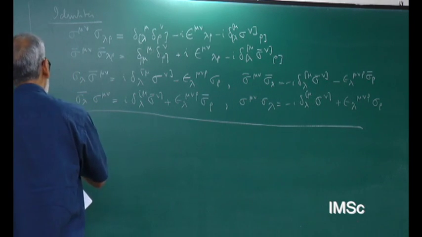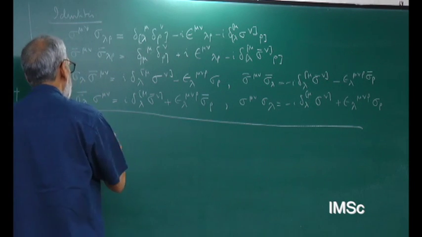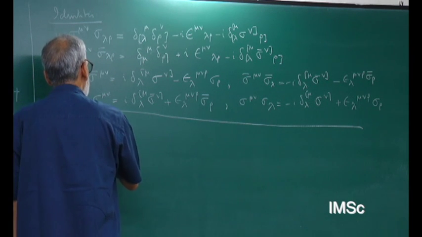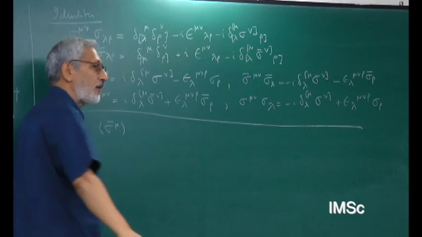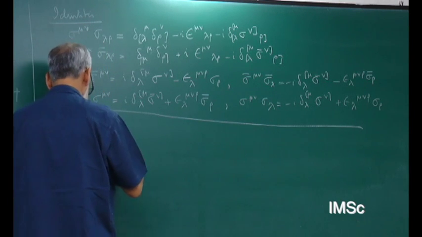So this is an exercise. You can convert barred sigmas into unbarred by the following trick.